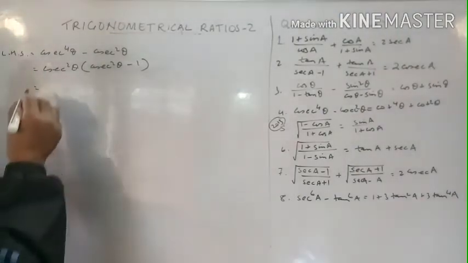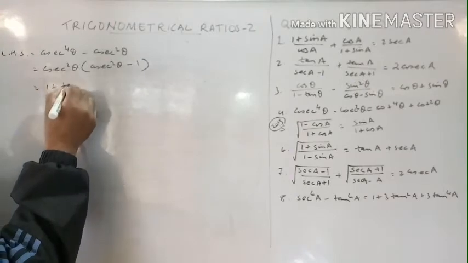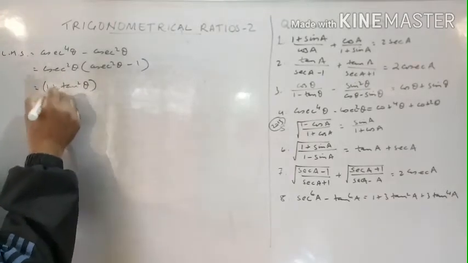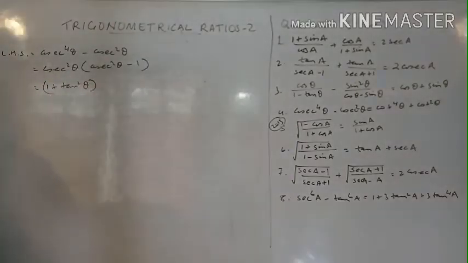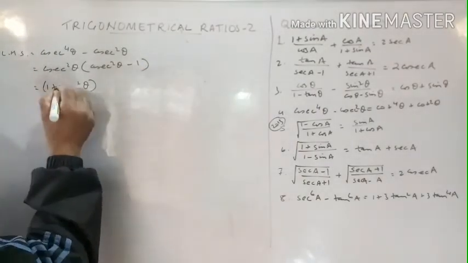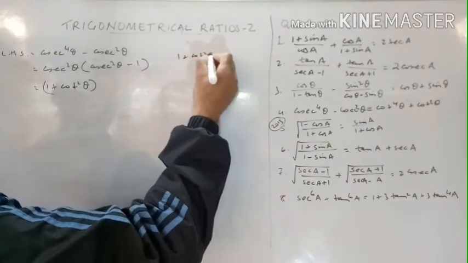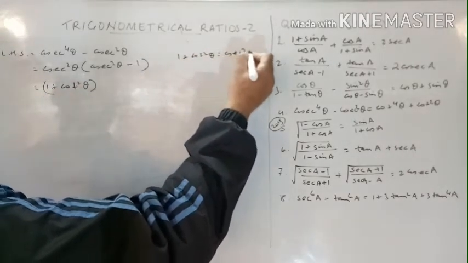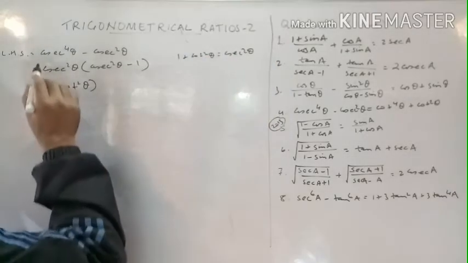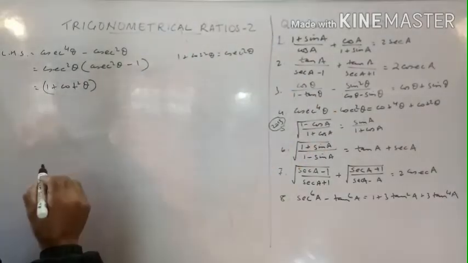So 1 plus cot square theta equal to cosec square theta. This is the formula. So cosec square theta is 1 plus cot square theta, because there is only cot.